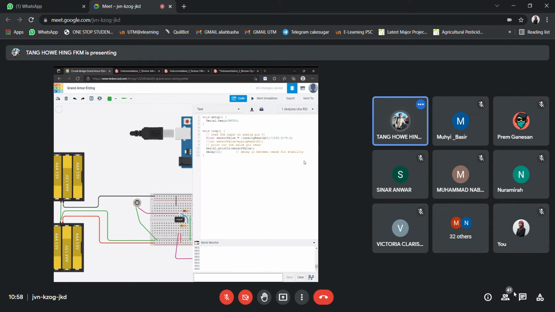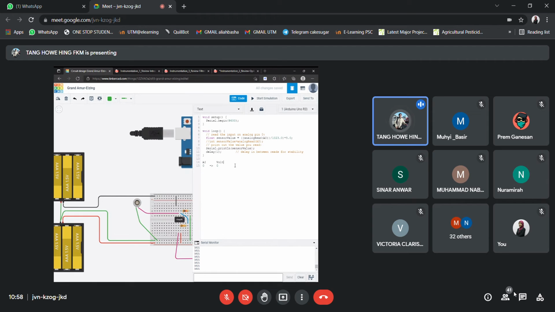So what it means over here is that when the analog input receives 0 volt, the ADC value will be 0. This is the voltage, I mean the analog input.